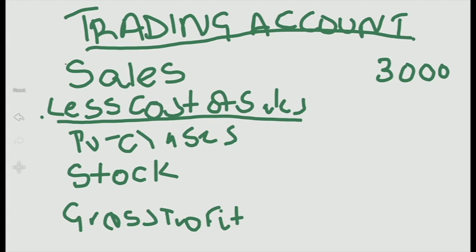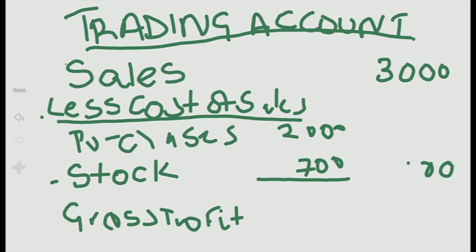We've got purchases of 2,000, less closing stock, because it's stock that we have not sold, less closing stock of 700. Therefore, the total for the cost of goods sold is going to be 1,300.